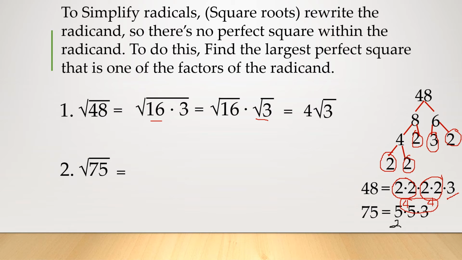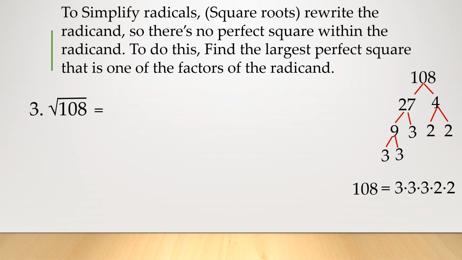Okay, so it means that I can rewrite 75 now as square root of 25 times square root of 3. I write this in separate form already. So now I know that square root of 25 is simply 5. So that is equal now to 5 times the square root of 3, the final answer, or 5 square root of 3.